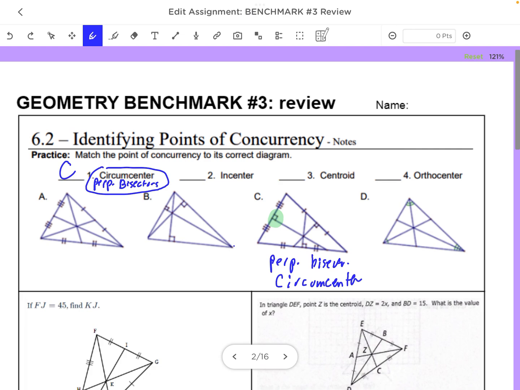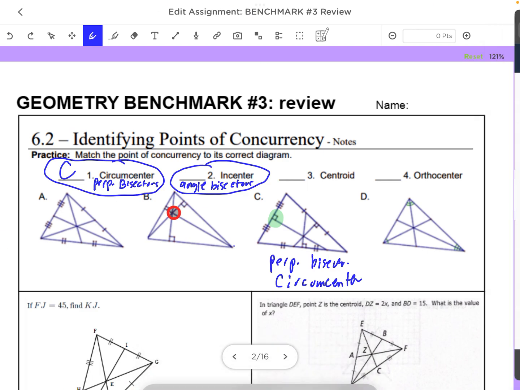All right, next, incenter. We know the incenter is created by angle bisectors. Angle bisectors, that's when the angles are cut. So these are angle bisectors.